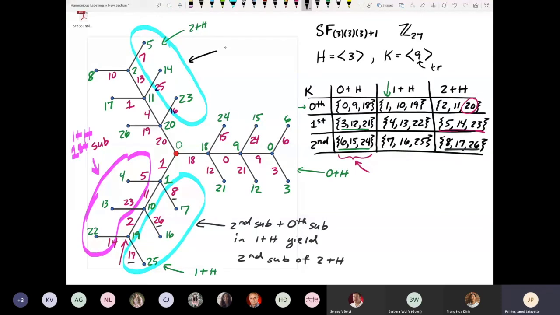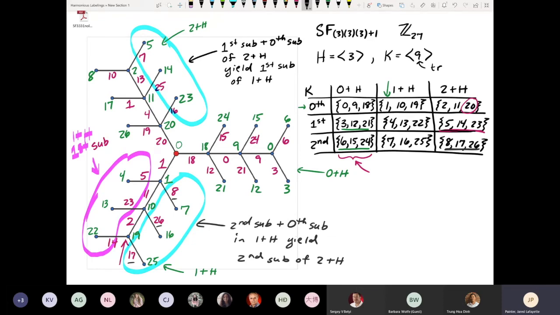So if I do the first subcoset plus the 0th subcoset of 2 plus h, based on what we saw previously, you might be inclined to think that this would yield elements in the first subcoset of 1 plus h, because remember when we add 2 elements in 2 plus h, you get 4 plus h, but you can't do 4 because we're going mod 3 because h only has 3 cosets.